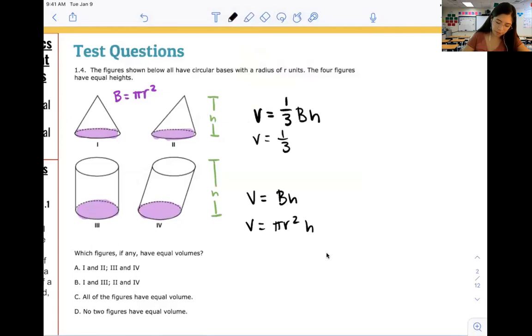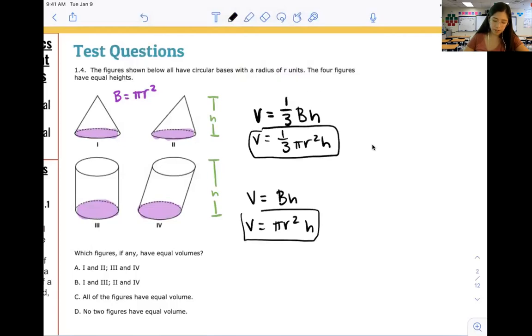This one is 1/3 pi r squared height. So even though they have the same radius and the same height, these 2 are cones and these 2 are cylinders. The formula is slightly different, which means they're not all going to have the same volume.